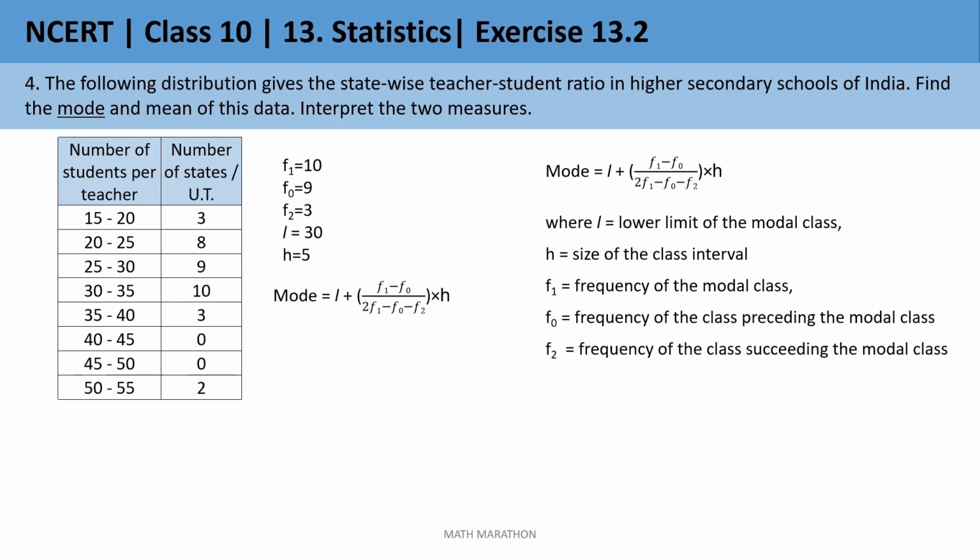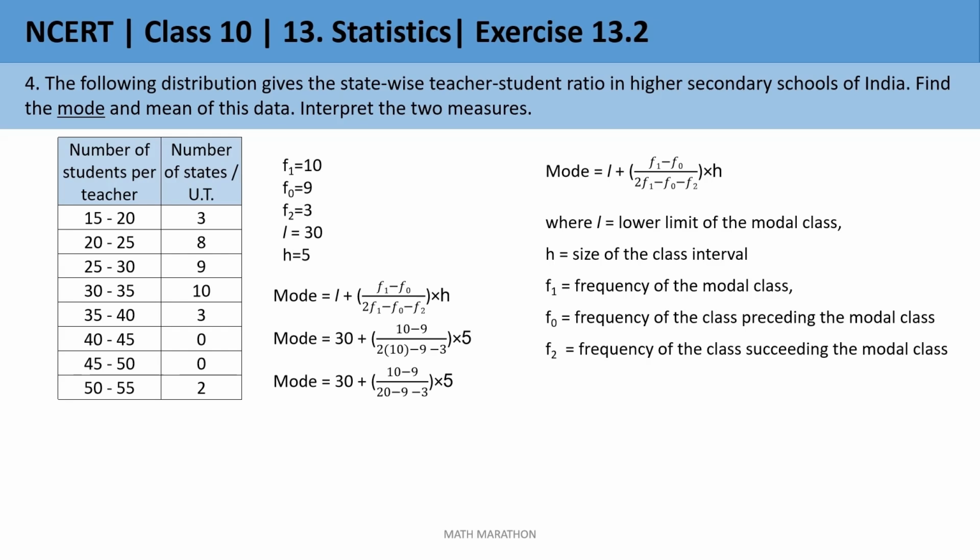Formula to calculate mode is L plus (f1 minus f0) divided by (twice of f1 minus f0 minus f2) multiplied by h. Mode is equal to L, which is 30, plus f1, which is 10, minus f0, which is 9, divided by twice of f1, which is 10, minus f0, which is 9, minus f2, which is 3, multiplied by h, which is 5.